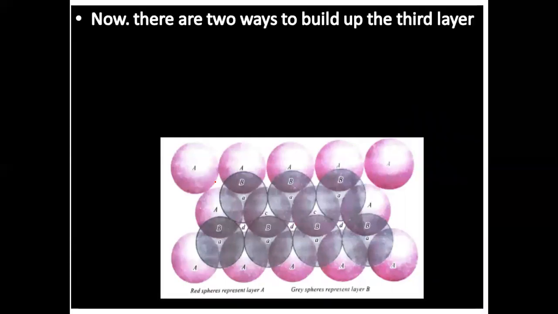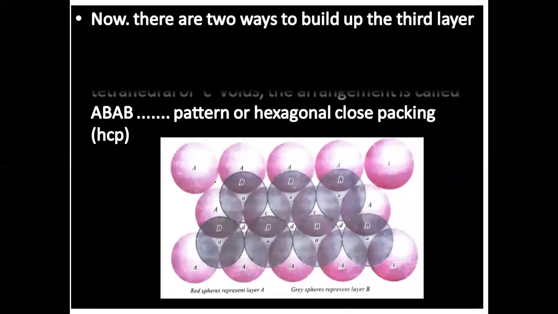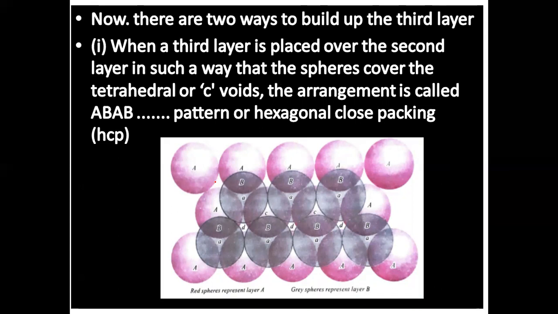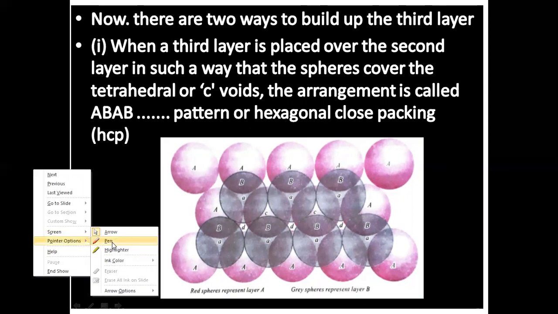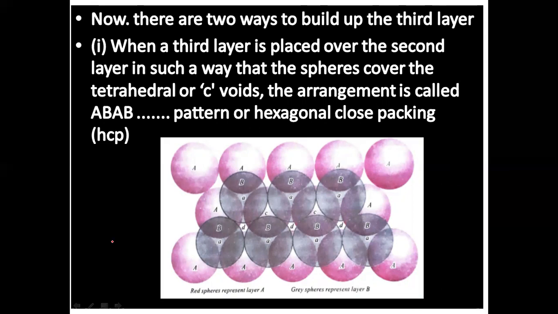Now, there are two ways to form the third layer. When the third layer is placed over the second, that is the B layer, in such a way that spheres cover the C void, then its arrangement is the same as that of A. It means this pattern is known as AB type pattern and hexagonal close packing.